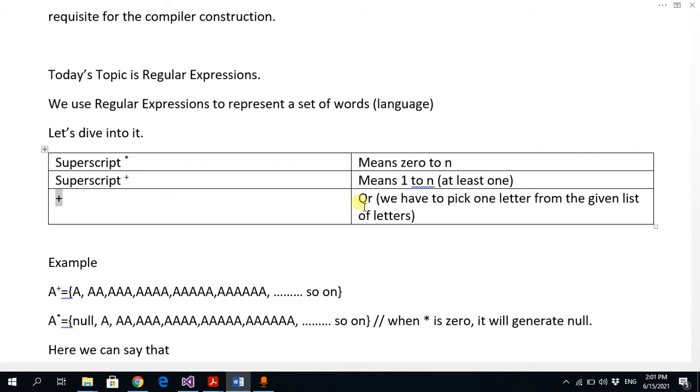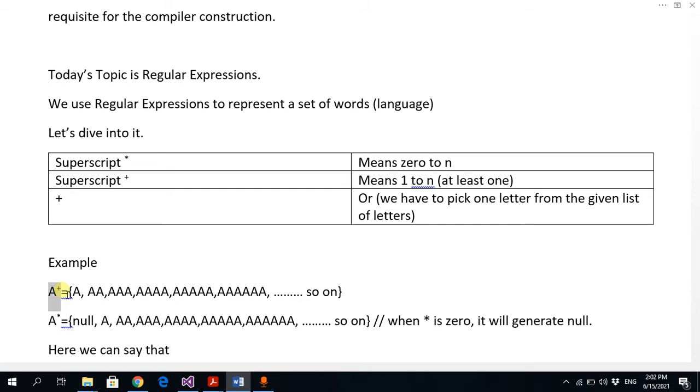To further understand these signs and symbols, let's see some examples. Let's say you have a regular expression A with a superscript plus sign. As you know, superscript plus means at least 1, but there is no upper limit.